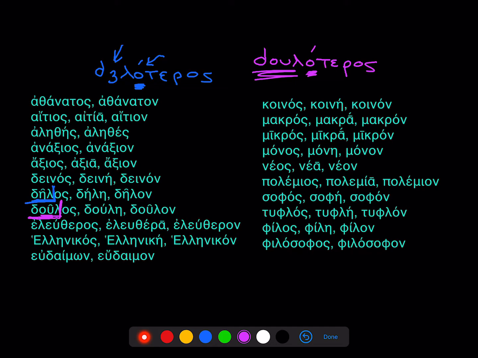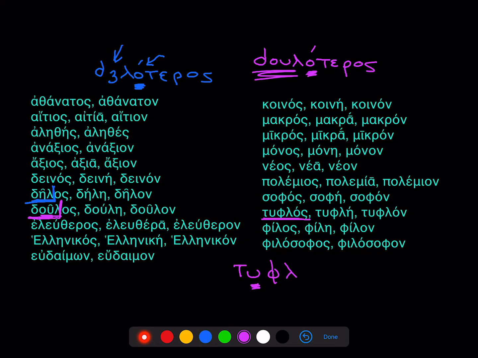One more way that that syllable could be long is if it contains a short vowel, but it's followed by two consonants in a row. So an example of that would be tuflos. Okay, so there's our stem.